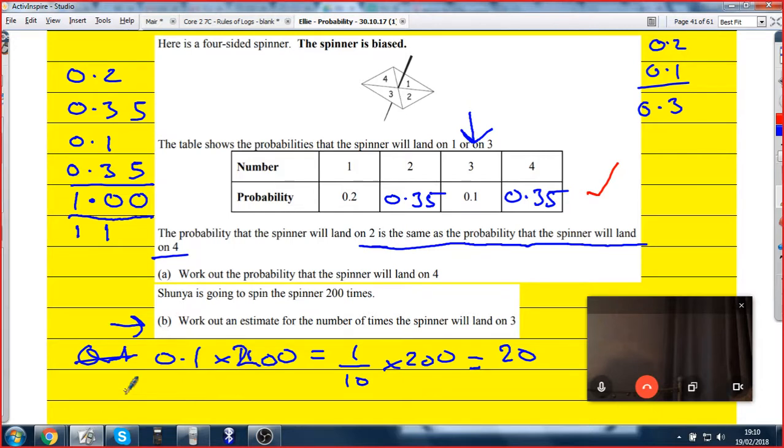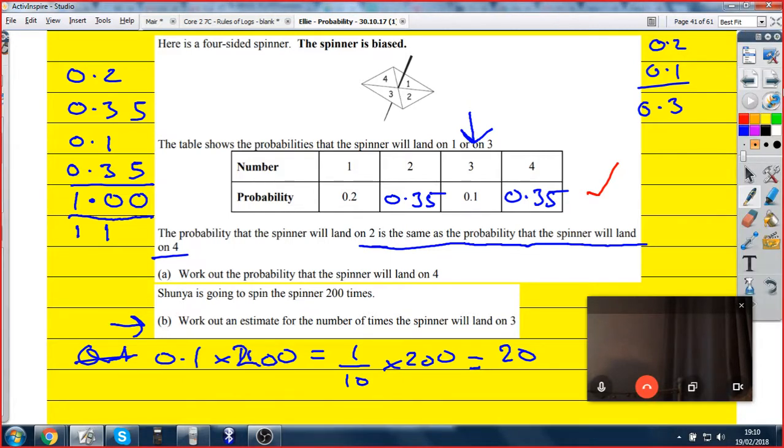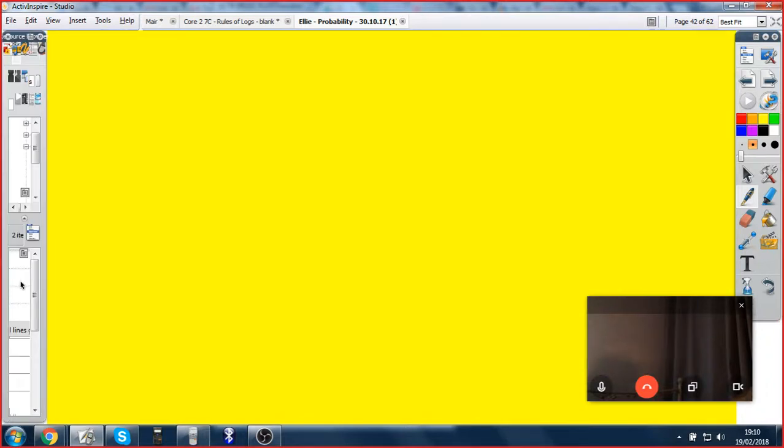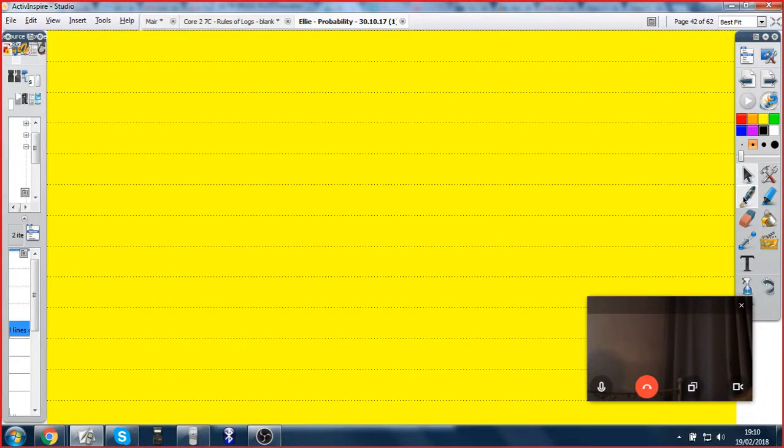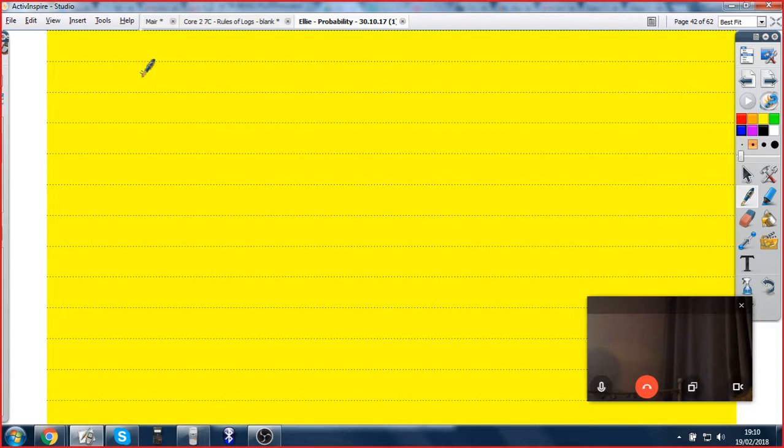And the rule for that is, that's called a relative frequency. Basically, probability times number of trials. So that's like number of times you flip the coin, number of times you roll the dice, equals the relative frequency. Okay.